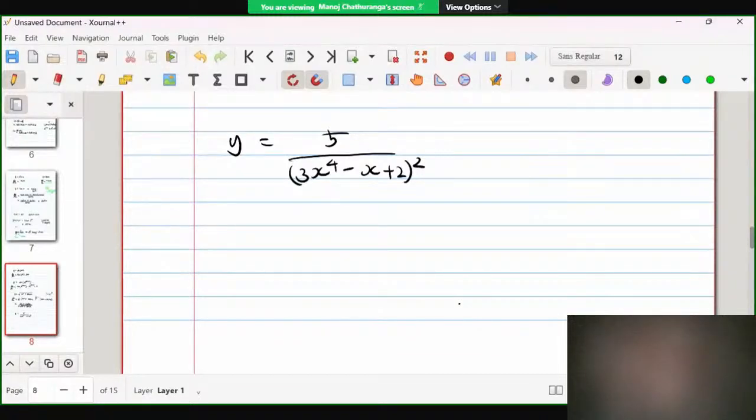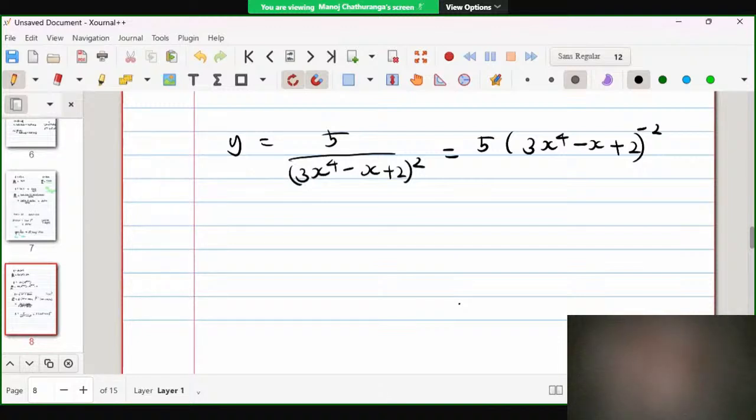If you want, you can differentiate this using the quotient rule. It is not wrong, but it is a little bit involved. So I will think of this as a power function. Now it has this outer function and inner function. Now it is more like a composition.